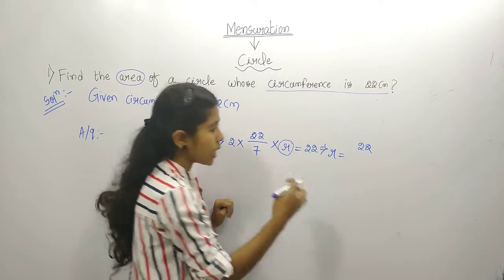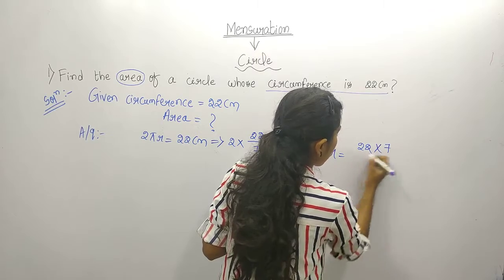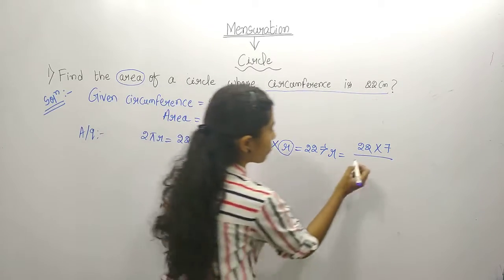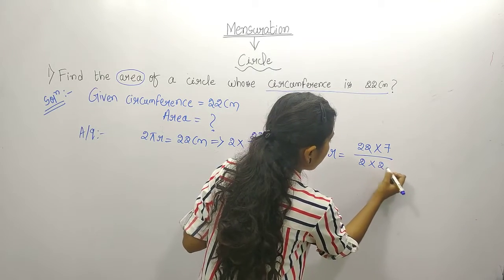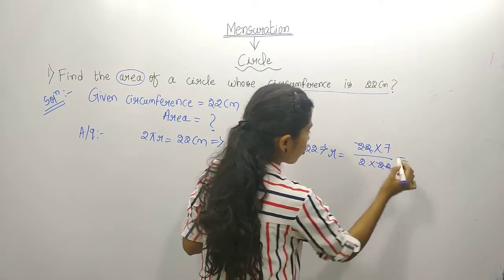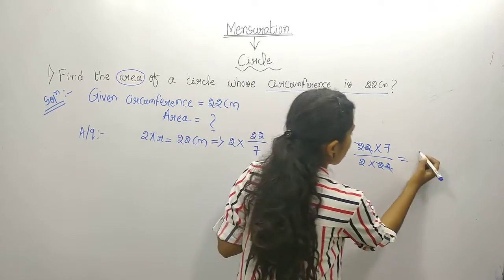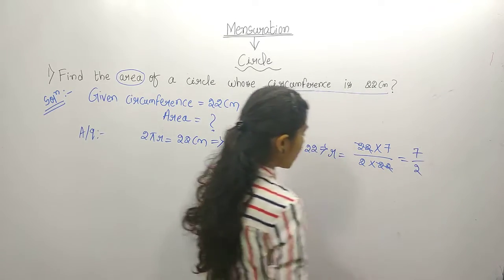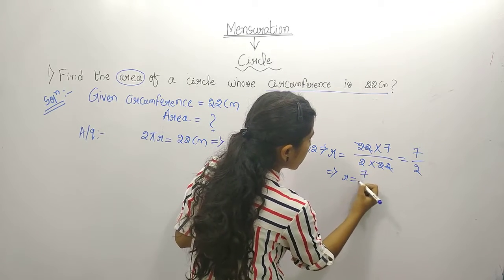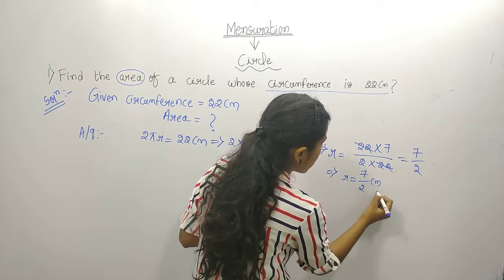You take it to the right hand side, it will become 7 divided by 2 into 22. Now you see 22 and 22 will cancel each other. So r equals 7 divided by 2 cm.